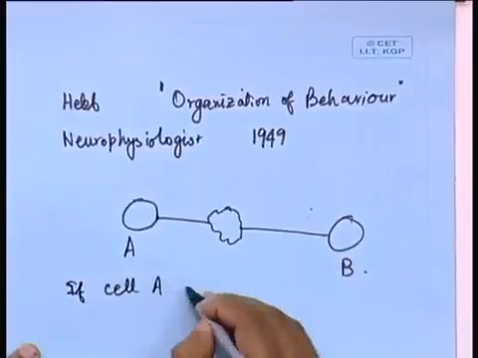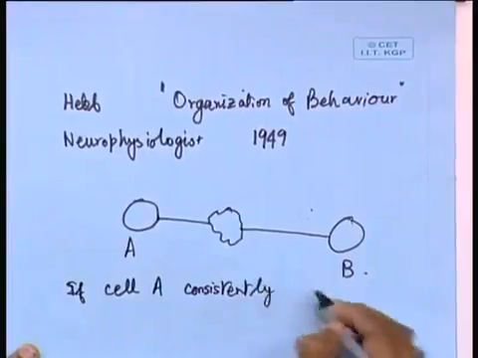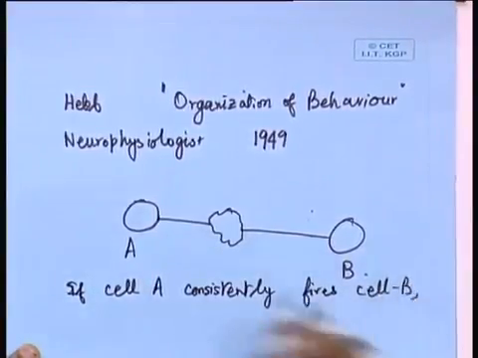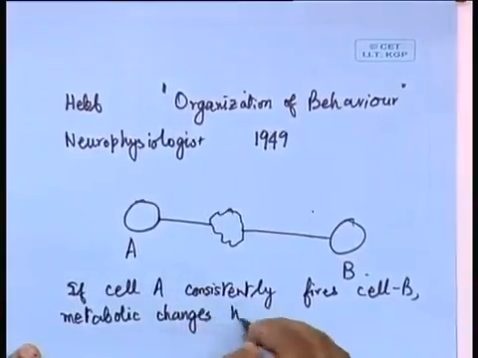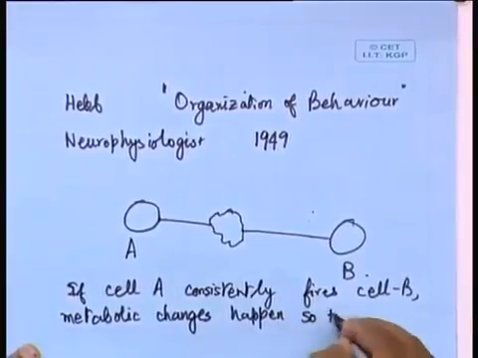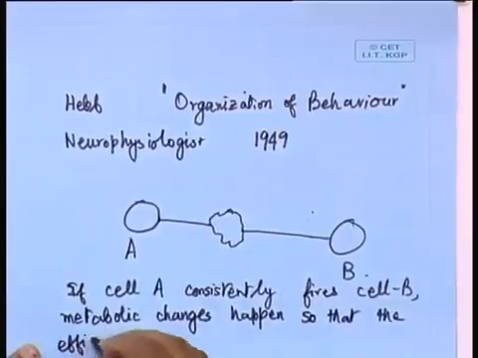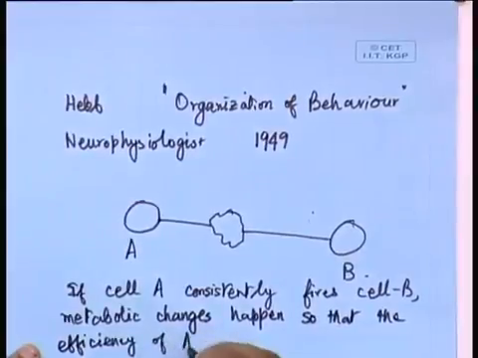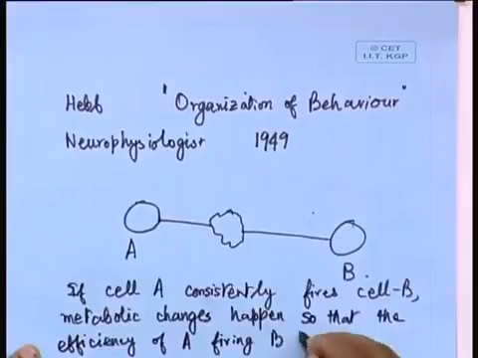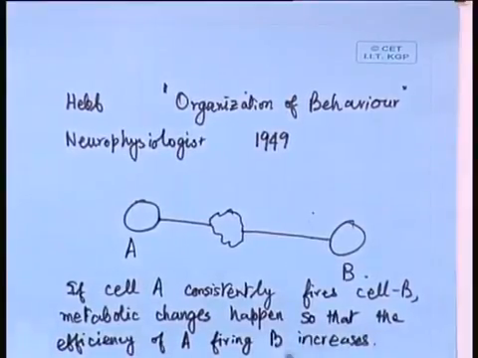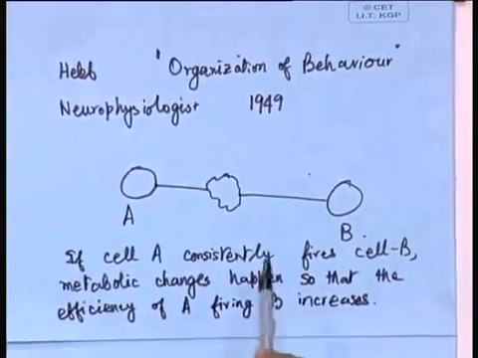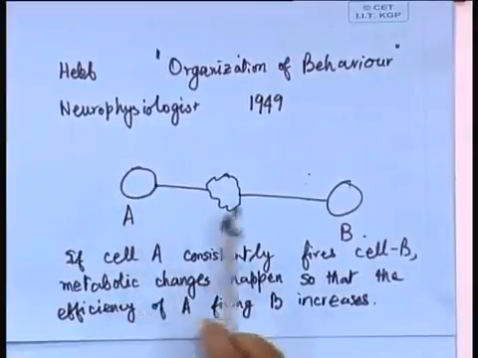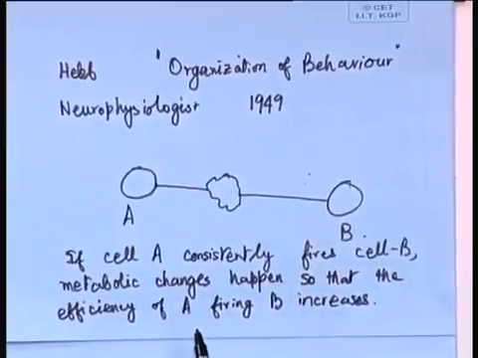So, if cell A consistently fires cell B, the synaptic weight will be so increased that next time cell A has got a better probability of firing cell B.